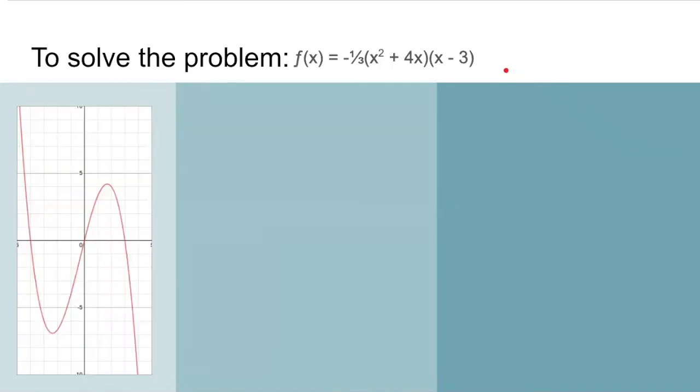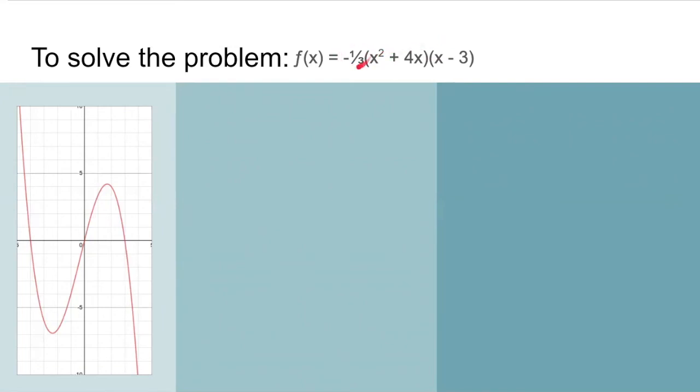We have this function right here, which the graph is displayed here, but we're going to try and not use the graph to solve this function. So first we can see that the degree of this function is 3. A trick to doing that is just looking at the highest degree in each of these terms that will be multiplied together, and choosing the highest degree from each term and just adding those together.